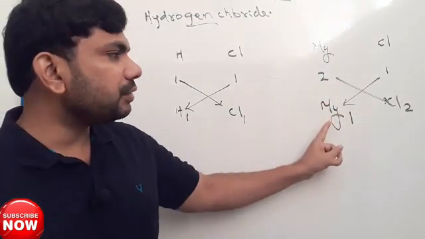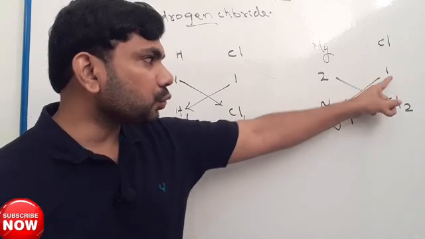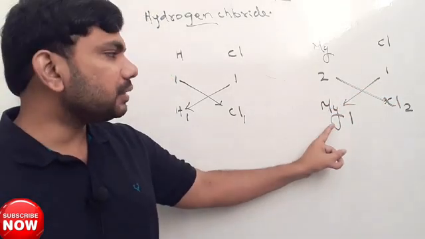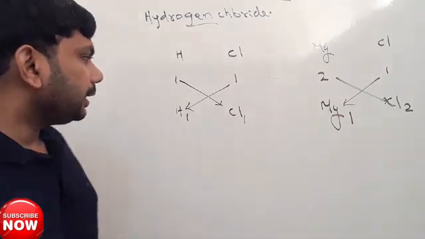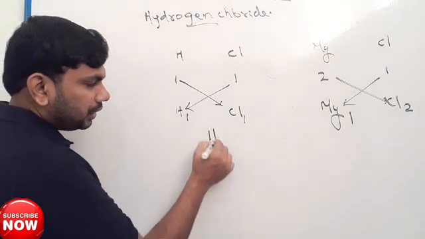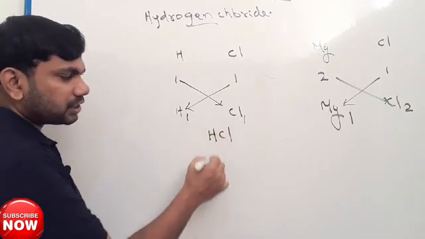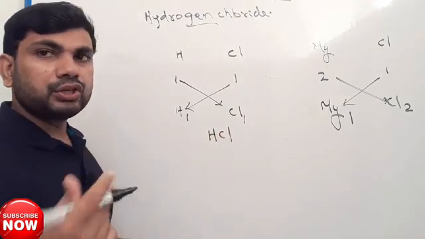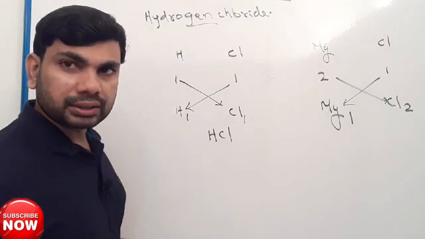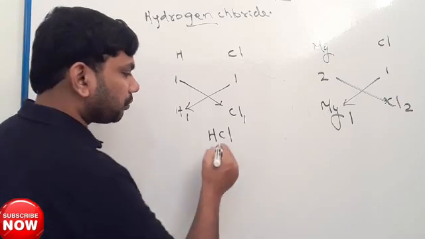So here it is Mg1Cl2. This 1 over here, Mg1Cl2. Here it is H1Cl1. So HCl, actually H1Cl1, 1 no need to mention. I told you before, except 1 you have to write all other numbers.